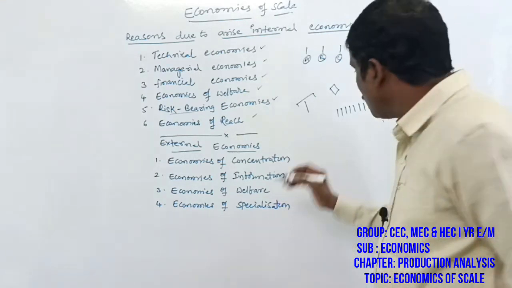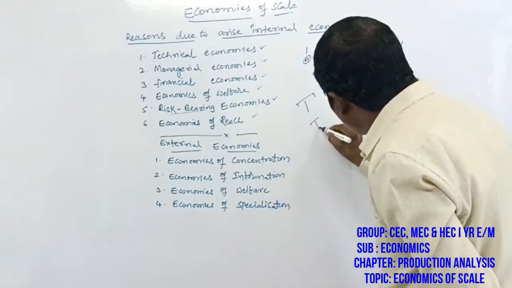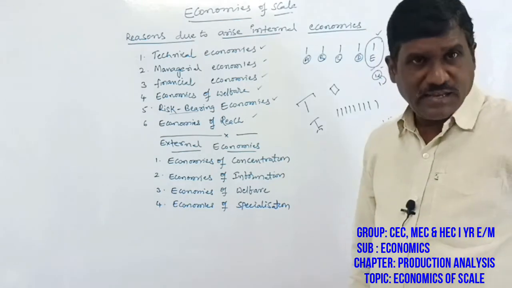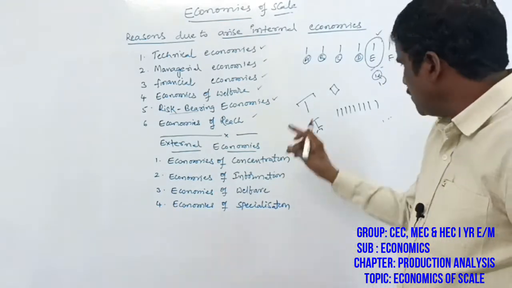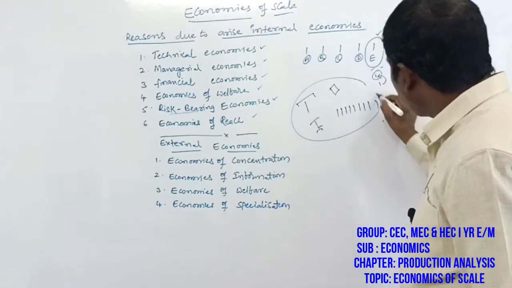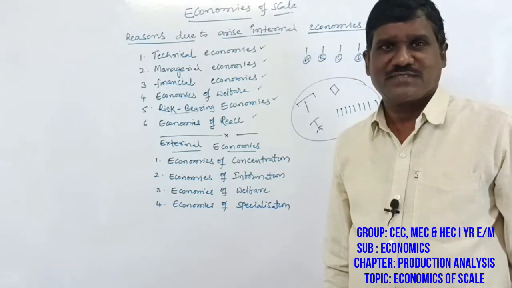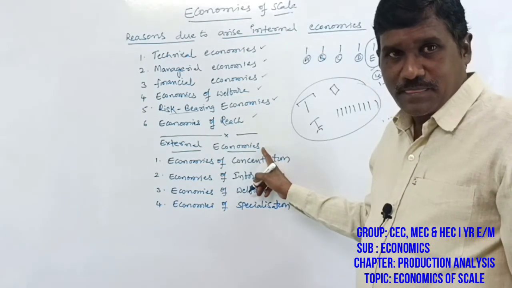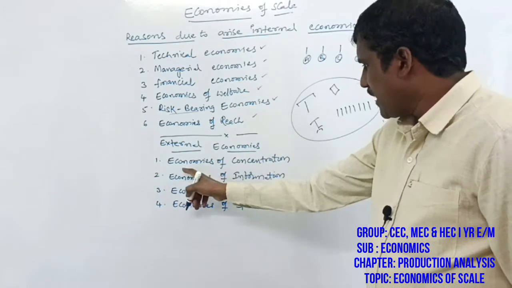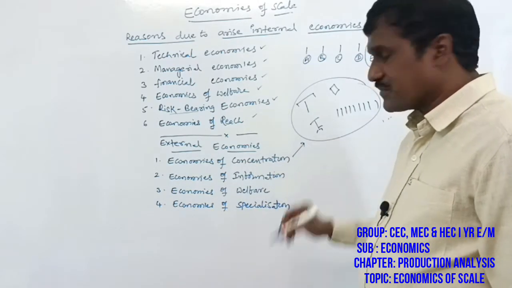Whatever facilities they require, it is easy to provide at a certain place. So this is also one of the economies of result, means economies of concentration.